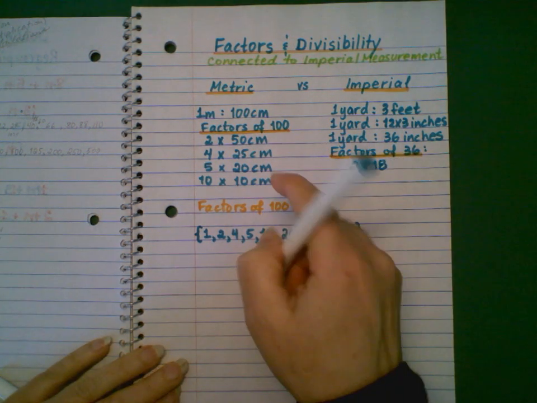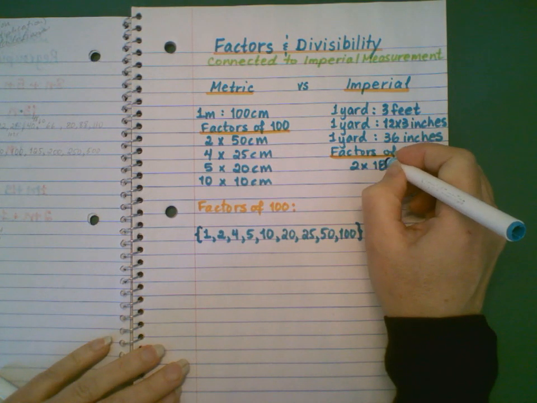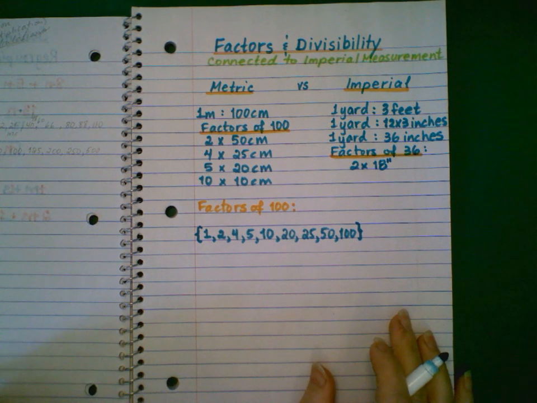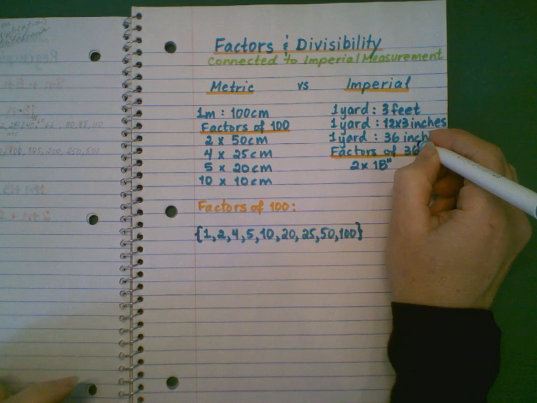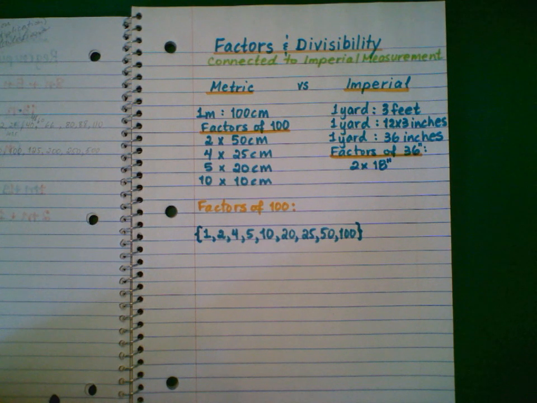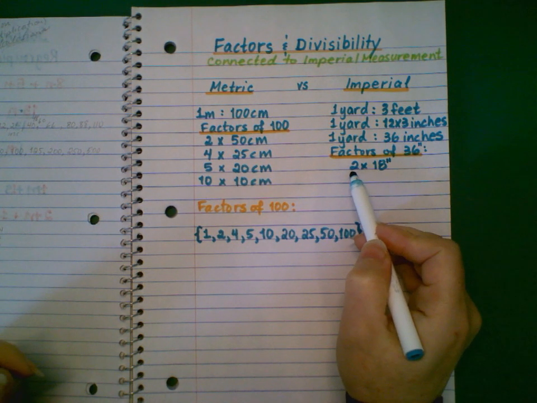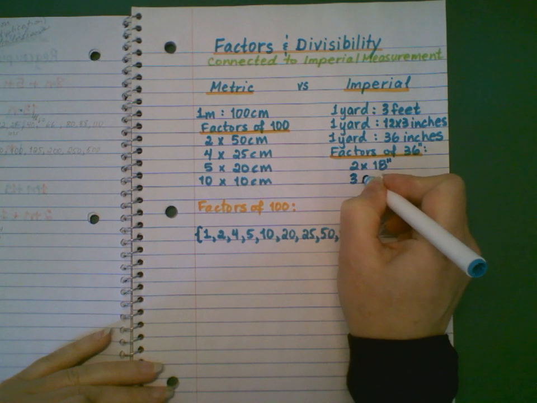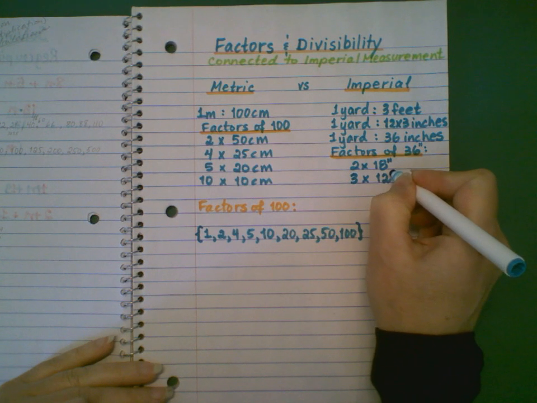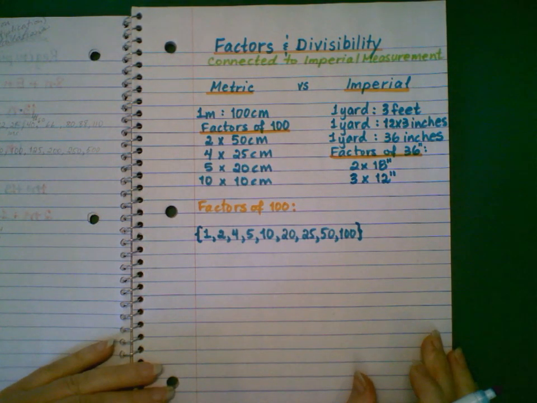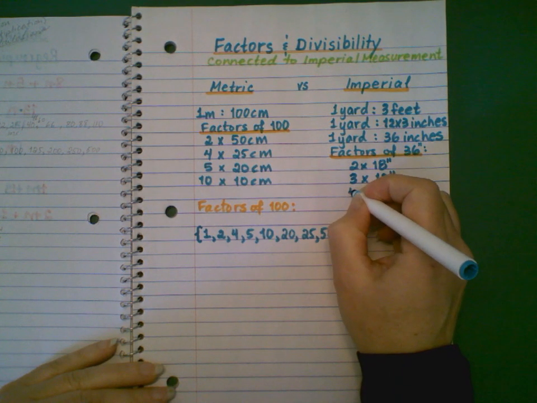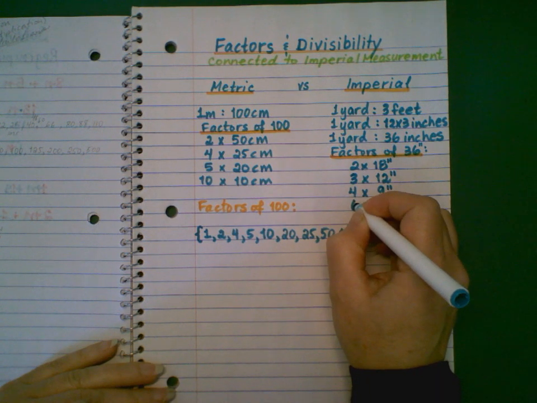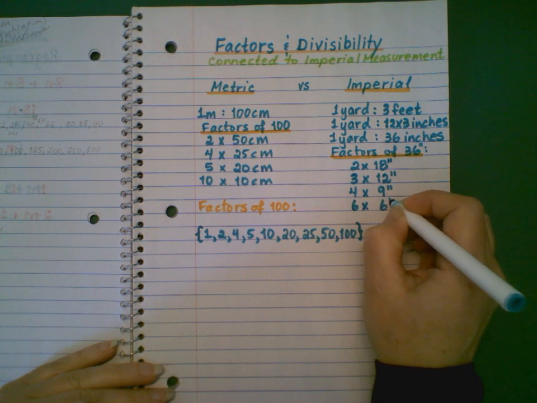Inches are indicated, instead of with notation like cm, it's like this, 2 little hash marks. So if I was breaking 36 inches into even, whole number sections, I could do 2 sections of 18. I could also break 36 into 3 sections of 12 inches. I could break it into 4 sections of 9 inches in length. And I could group it into 6 sections of 6 inches in length.